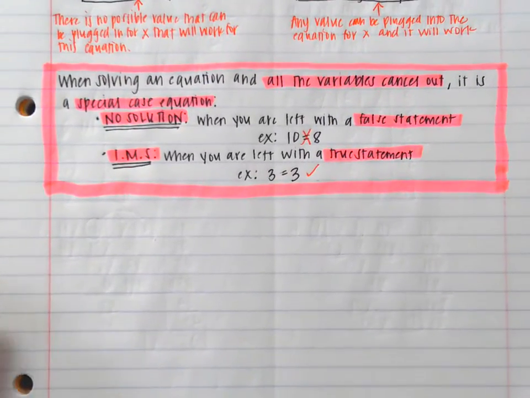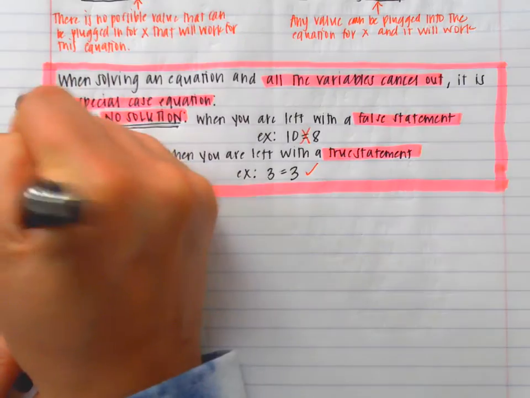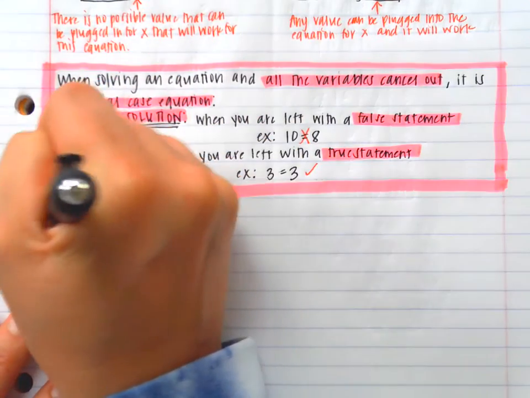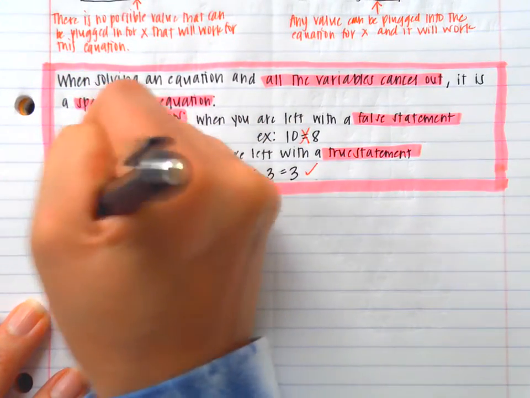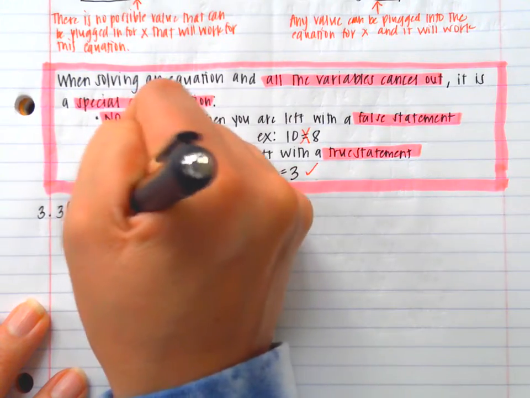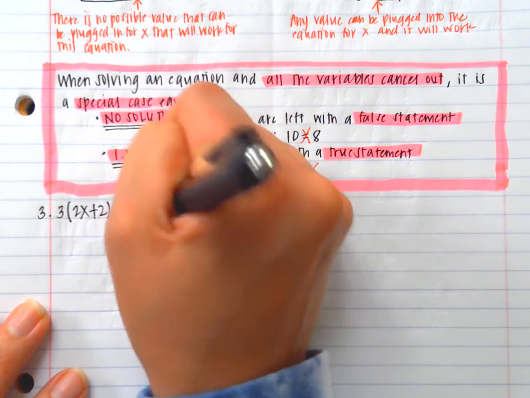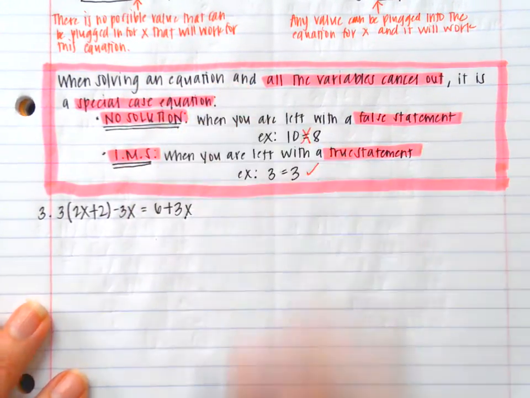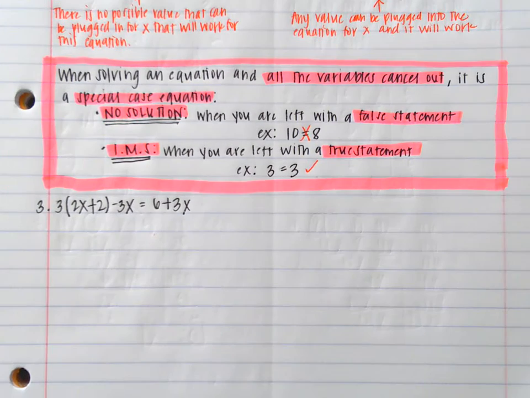So let's do another example. Number 3 is 3 times 2x plus 2 minus 3x equals 6 plus 3x. Okay, I want you guys to try the first step on your own. So think about what would be your first step here.